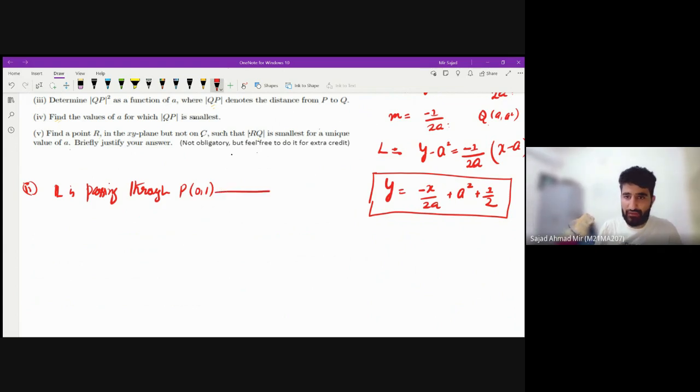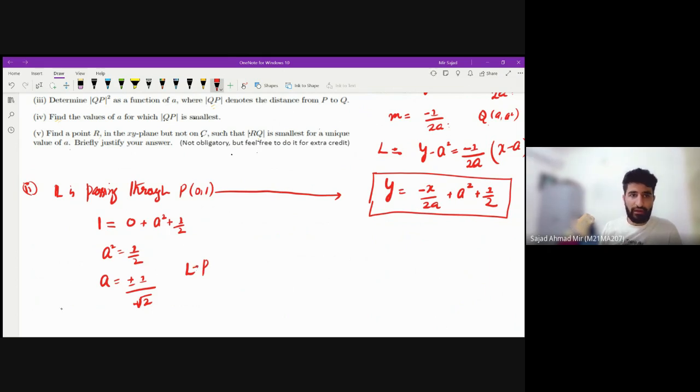If I put these values in the equation, then I get 1 equals 0 plus a squared plus half. This gives me a squared equals half, taking this half to the left side. So a is equal to plus or minus 1 by root 2. For these values of a, L passes through P.